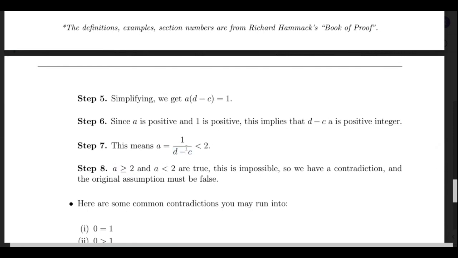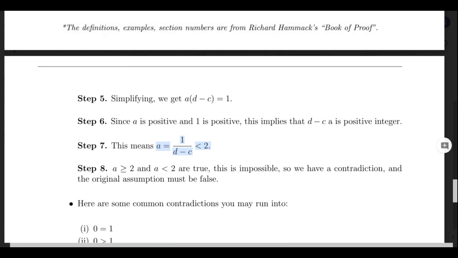So one way we see this is 1 over a positive integer is less than 2, but our assumption is saying A is at least 2. So those two contradict each other. So we arrived at a contradiction, which contradicts our assumption.